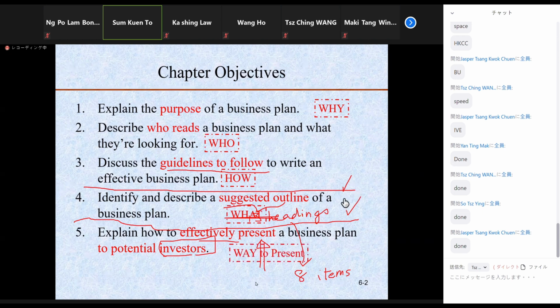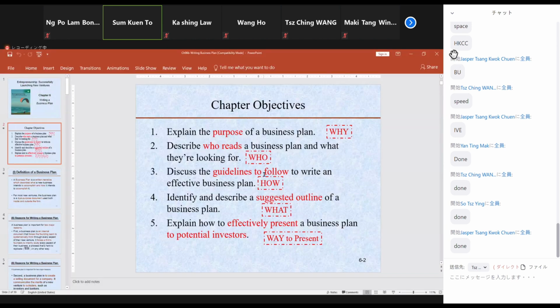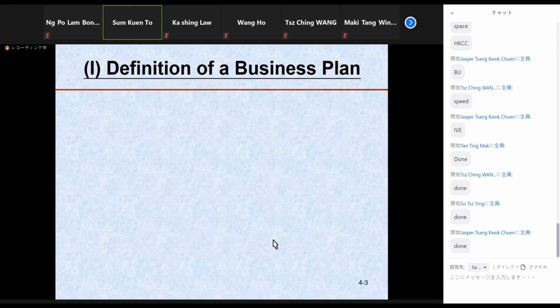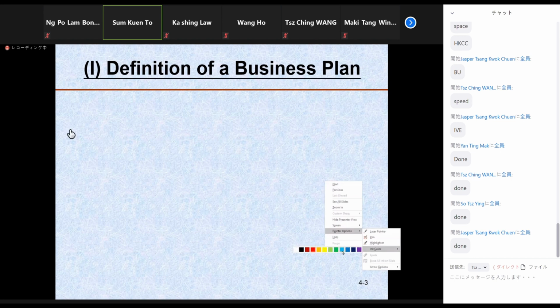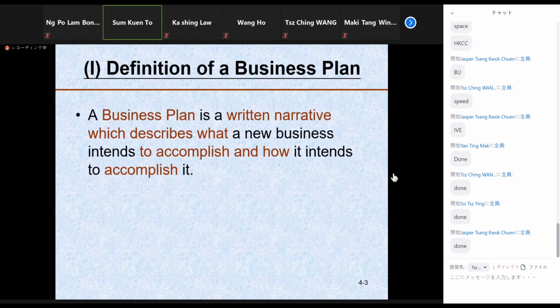Okay, so we will cover why, who, how, what, and ways to present. And then now let's start with the definition. Okay, so as far as a business plan is concerned, it means that this is a narrative.